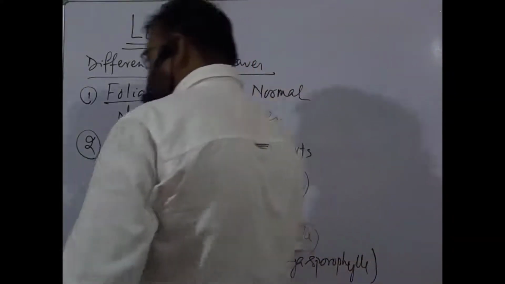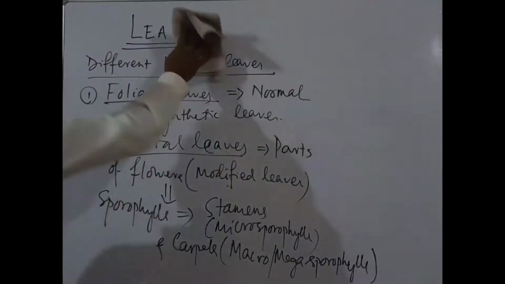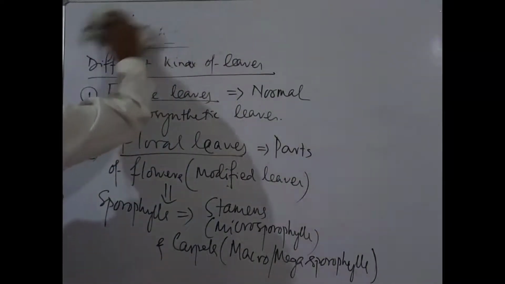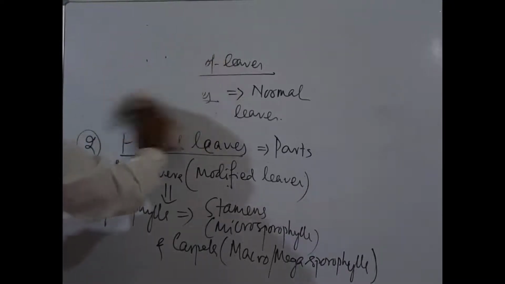Number 3 is the bract leaves. Bracts are structures found below the flower stalk.